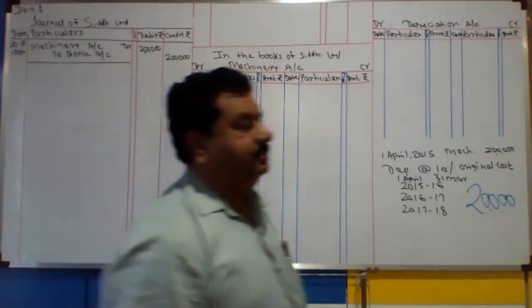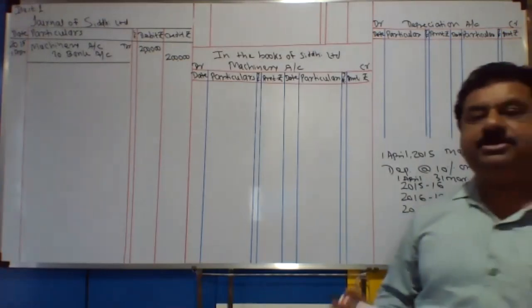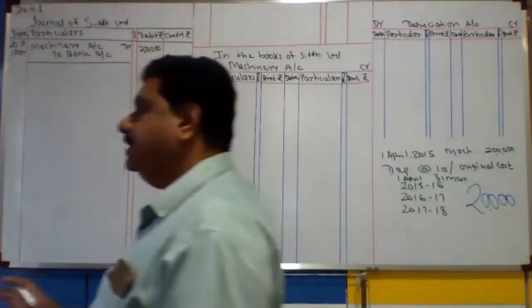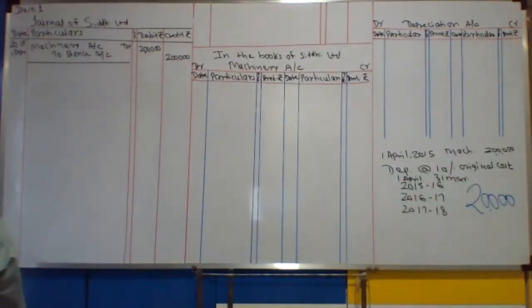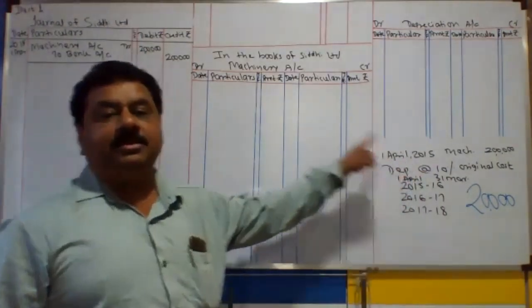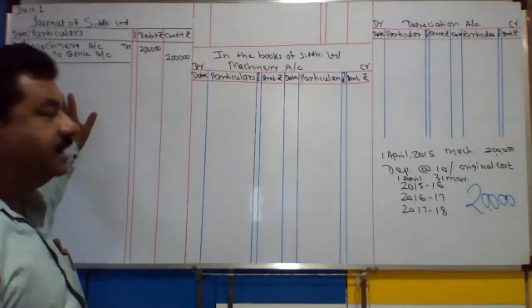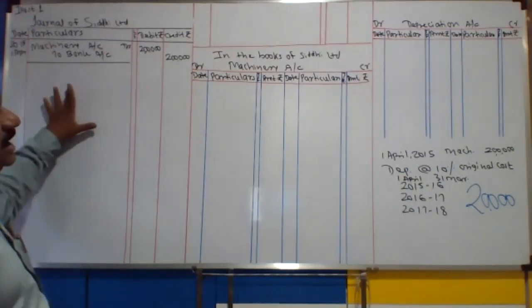Narration: being machinery purchased. So this is the first entry on 1st April 2015. वही entry आने वाला है. Machinery account debit to bank account.